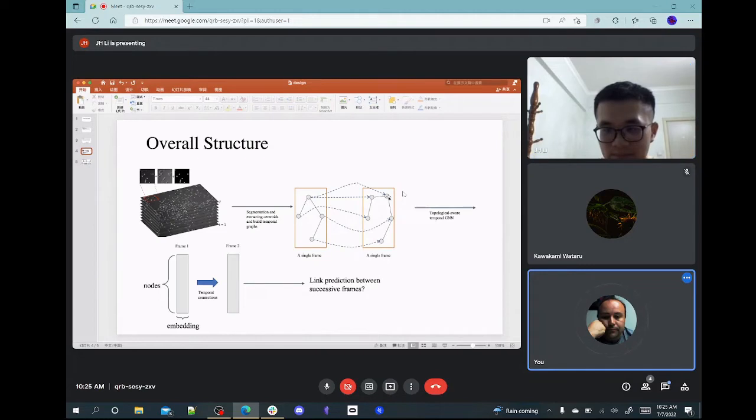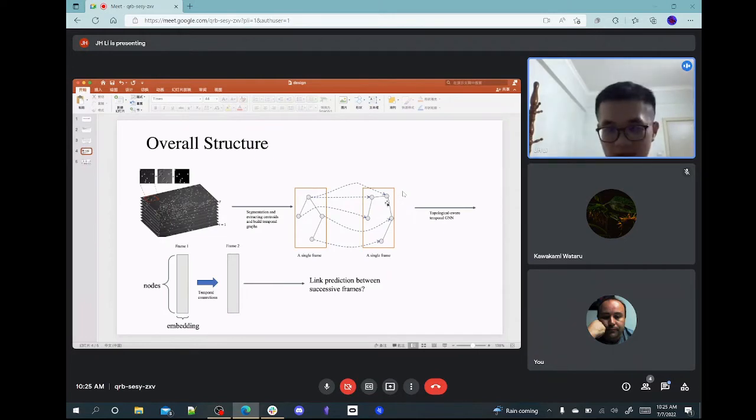We know that each node has its high-level embedding output by the GNN. This is the first input of the RNN, and the second input is the output embedding or the heap embedding or something else of this node.